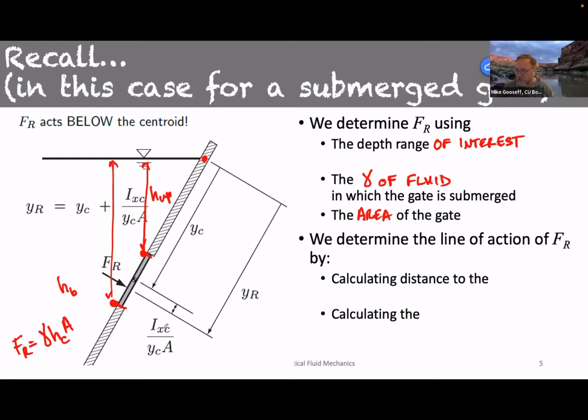And the way we figure this out is to use this equation here, which I've kind of covered up. But we're going to calculate the distance to the centroid of the pressure acting on the gate. And that's y sub c.